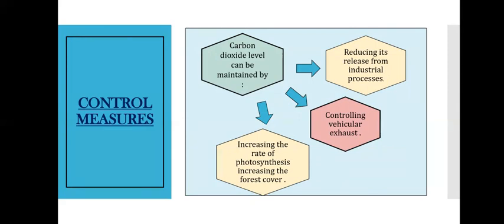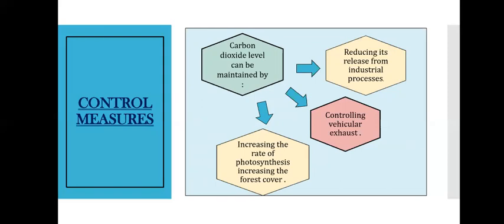So, reducing its release from the industrial processes. Now there are, my dear friends, various industrial processes taking place whereby carbon dioxide is produced as a byproduct. And if that goes into the atmosphere, then the concentration of carbon dioxide increases. So there has to be some modification brought about in the mechanism of those industrial processes so as to minimize the emission of carbon dioxide.